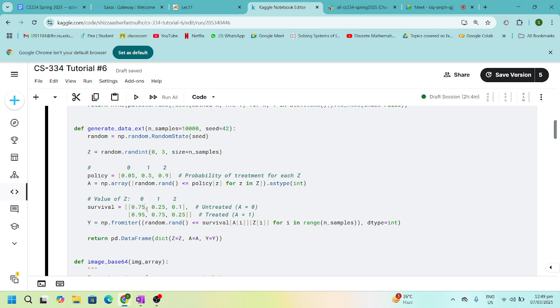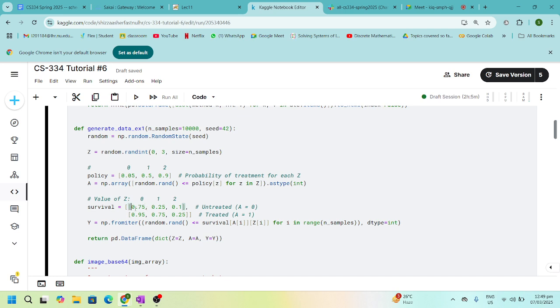I have three values in each array because I'm trying to establish a dependency between the value of z and the survival. Let me further elaborate on this. If the value of z is 0, then the value of a will be 0 with the probability of 75%.